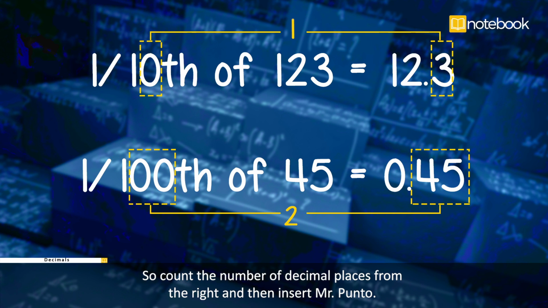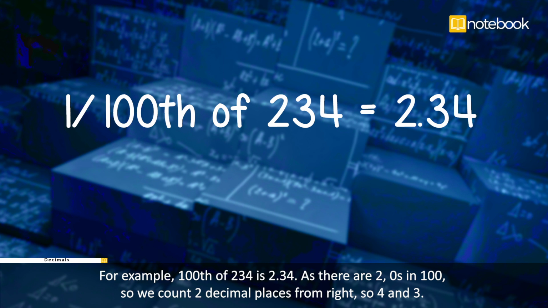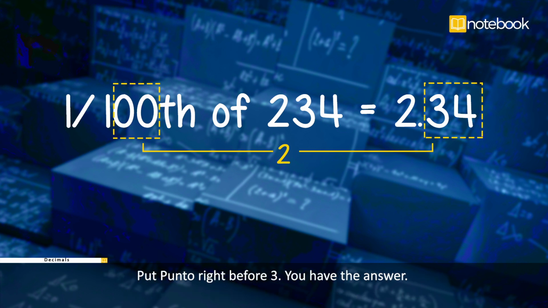So, count the number of decimal places from the right and then insert Mr. Punto. For example, 1/100th of 234 is 2.34. As there are 2 zeros in 100, so we count 2 decimal places from right. So 4 and 3. Put punto right before 3.